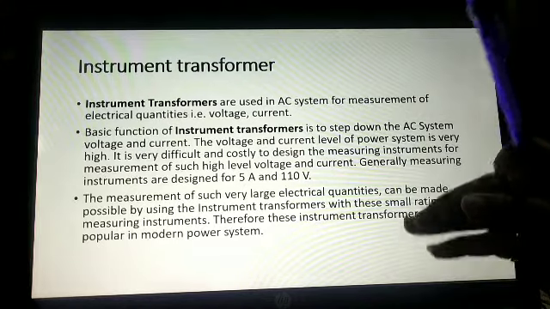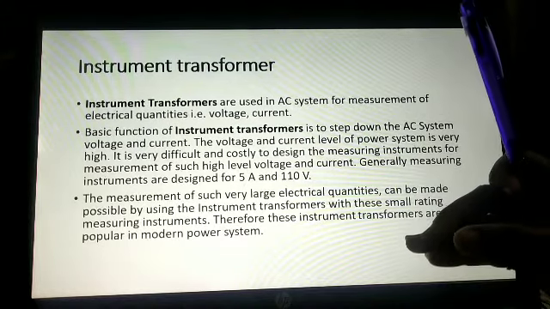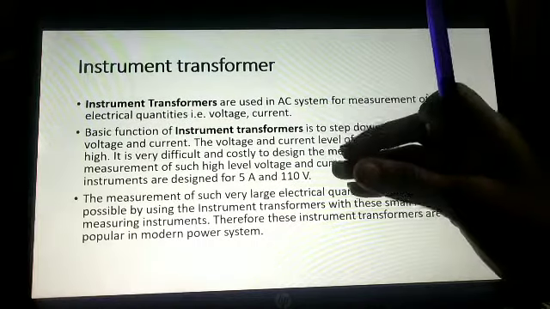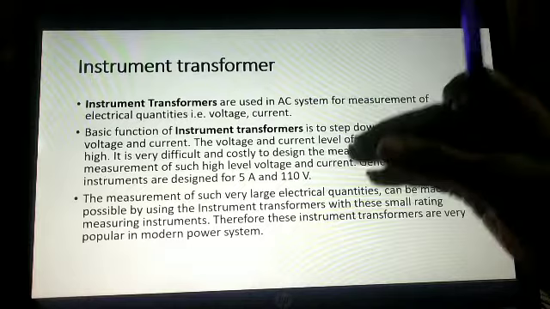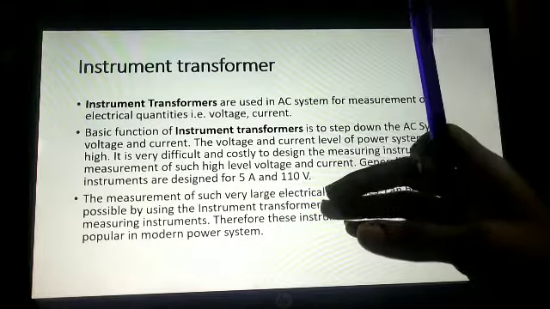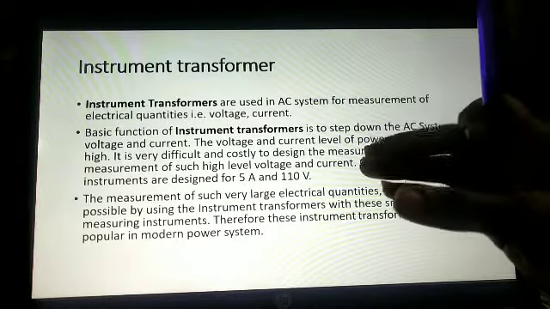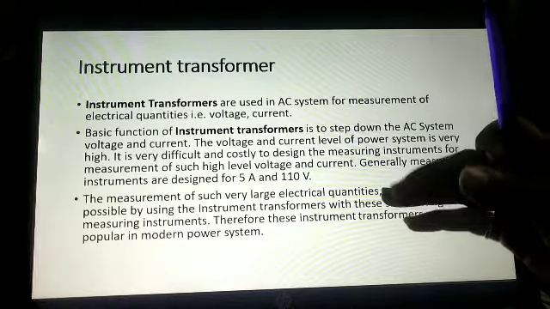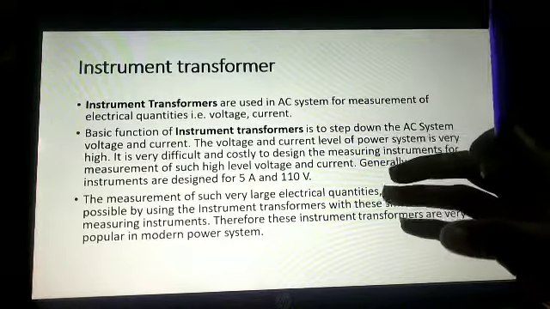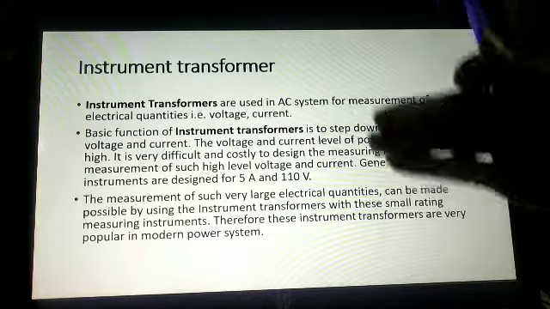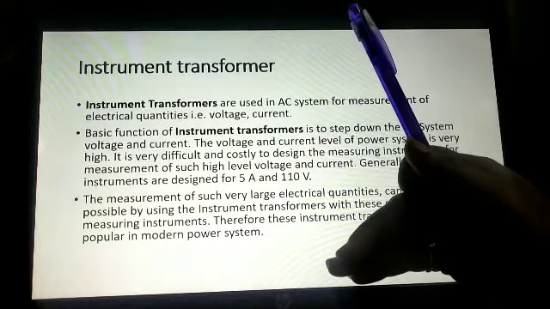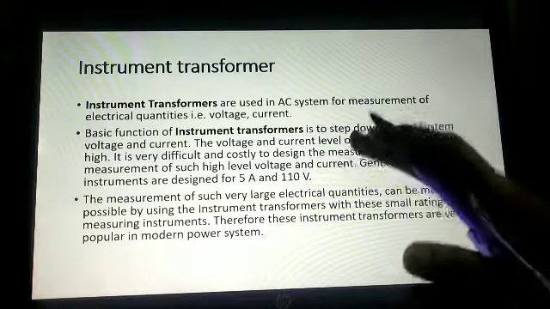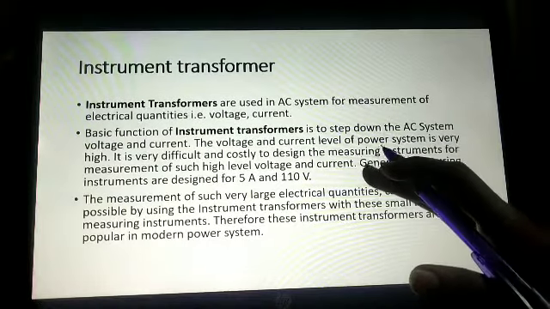But the ammeter is only used to measure small quantities. It has some specific values. Our normal ammeter and voltmeter cannot measure high values of current and voltage, right? So just remember the basic reason why we require instrument transformer.